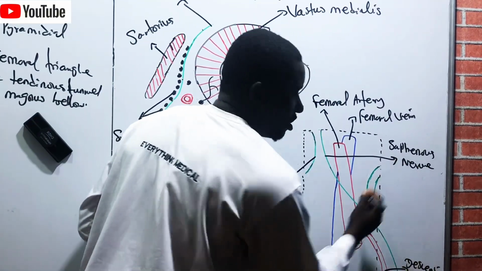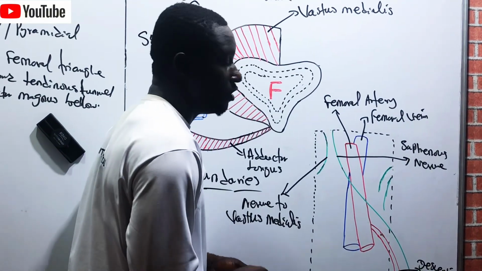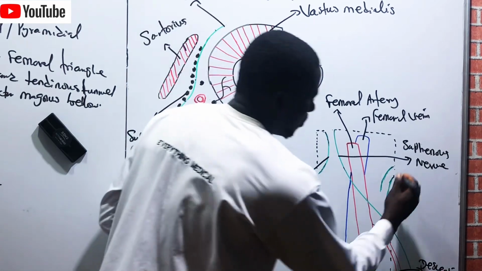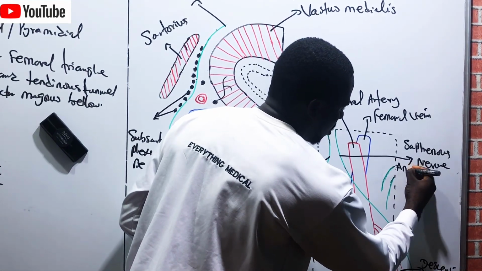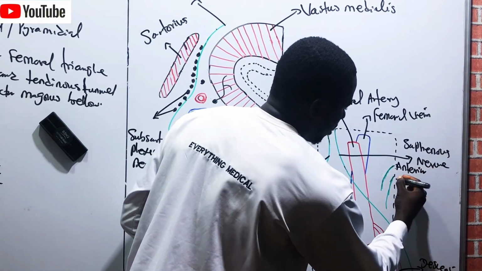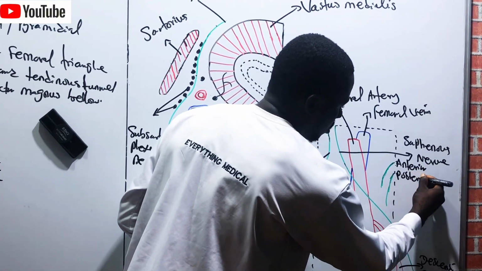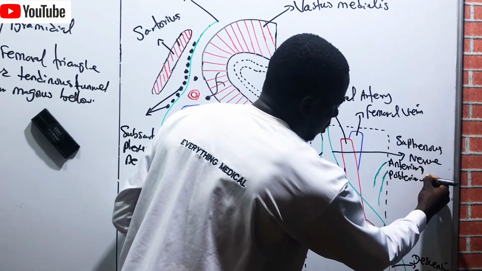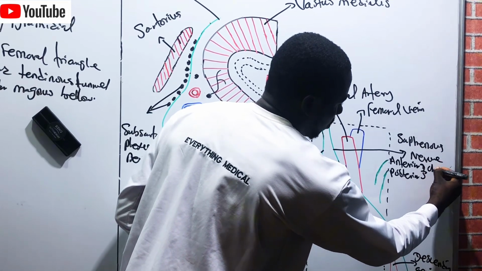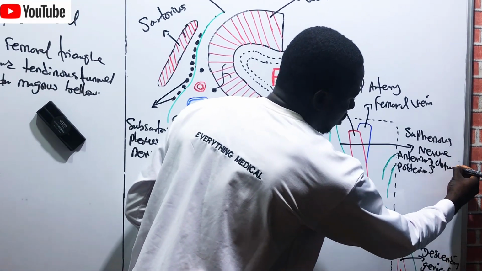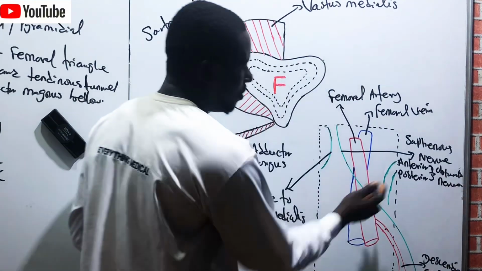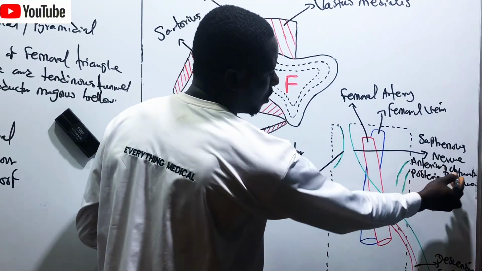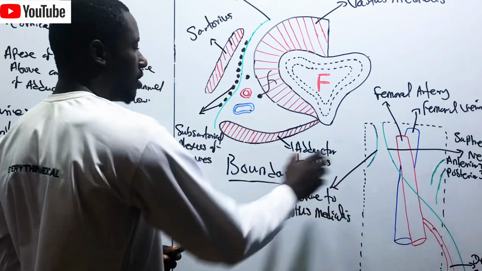So these are up here. We have the anterior and posterior division of the obturator nerve. So these are the contents of it.